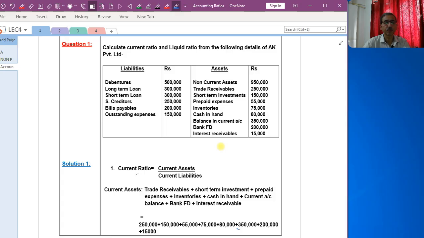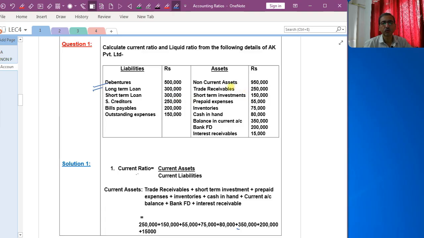So the question is this: calculate current ratio and liquid ratio from the following details of AK Private Limited. Liabilities are given on this side, and they include debentures and long-term loans. These are the long-term liabilities. Now short-term loan, sundry creditors, bills payables and outstanding expenses are the current liabilities.